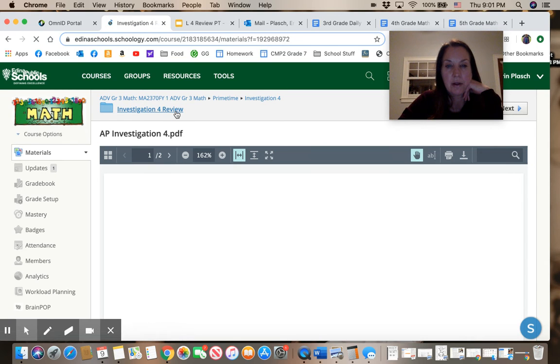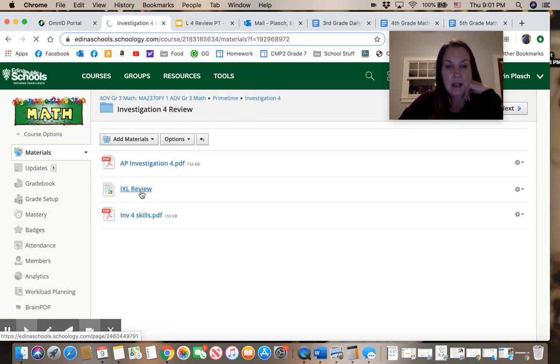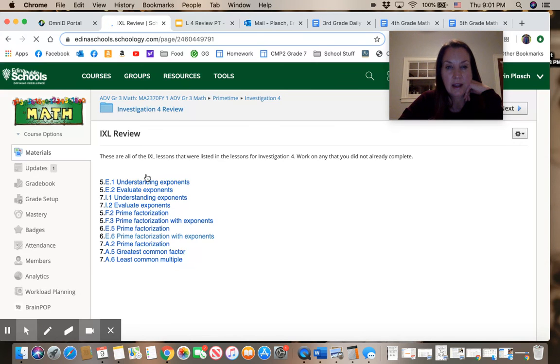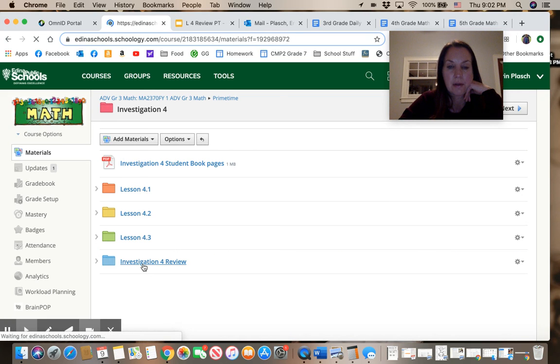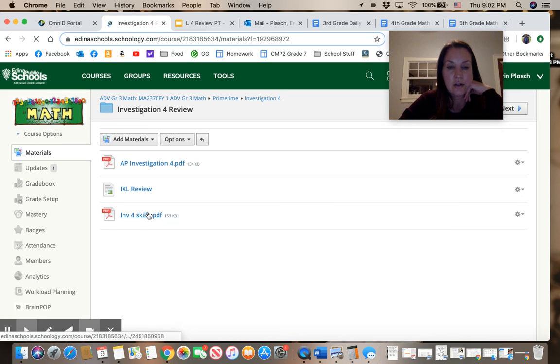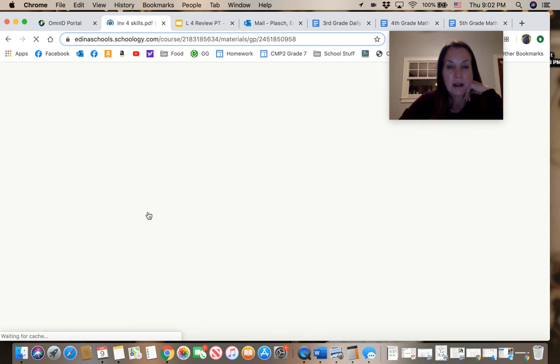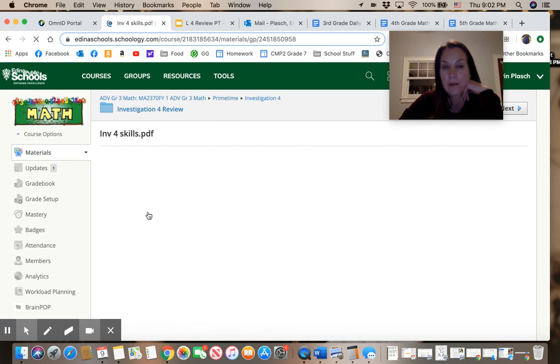I also put the IXL in this folder. All of the IXL links from this whole investigation are listed here. There are 2 extras at the bottom. And if there were any that you didn't do, you could work on those. We also had, oh, I clicked too far out. There was one more thing, a skills page. That skills page would be an extra additional thing if you want to practice.